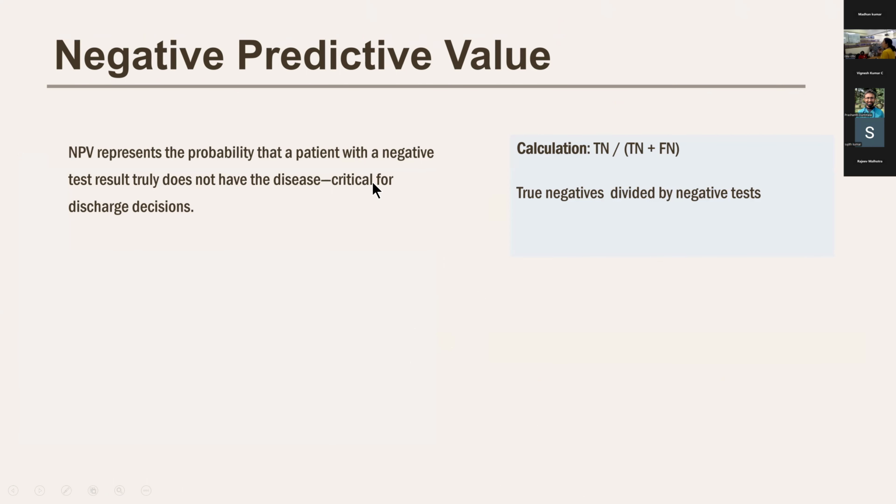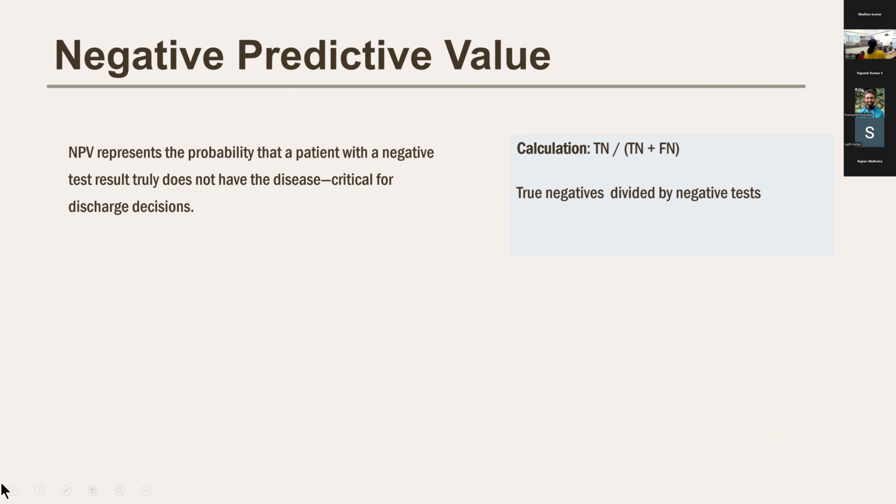What is negative predictive value? Negative predictive value is the probability that a patient with a negative test result truly does not have the disease. So that means true negatives divided by everyone whose test is negative. Specificity is true negative divided by everyone without the disease.